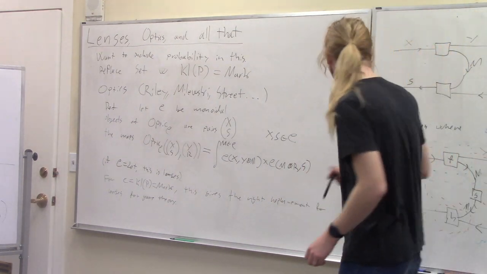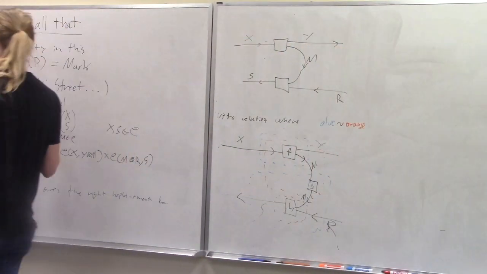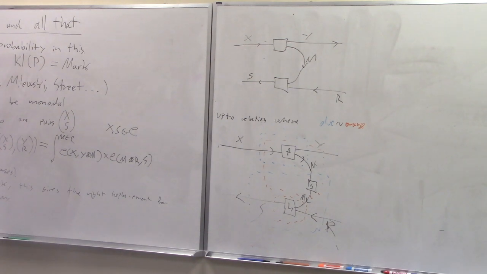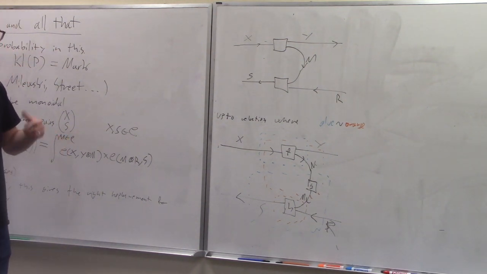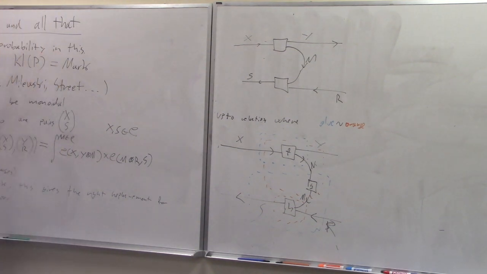This is very general. It works for any monoidal category. This is the point of optics. From my point of view, the point of optics is to put probabilities into this kind of thing.